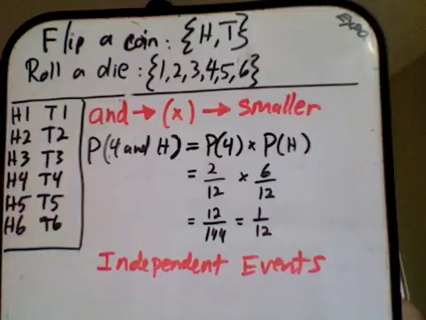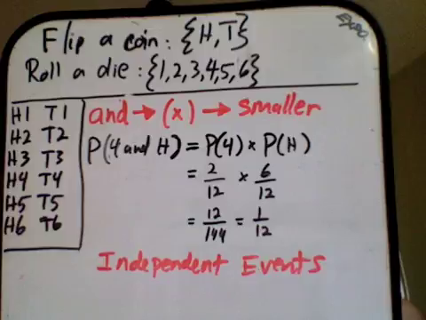There's another caveat here. This technique only works, as we've shown it, for independent events. That is, 4 and H have nothing to do with each other in the sense that the chances of me getting a 4 don't really affect the chances of me getting an H. The coin and the die are not connected in any sort of cause and effect way.